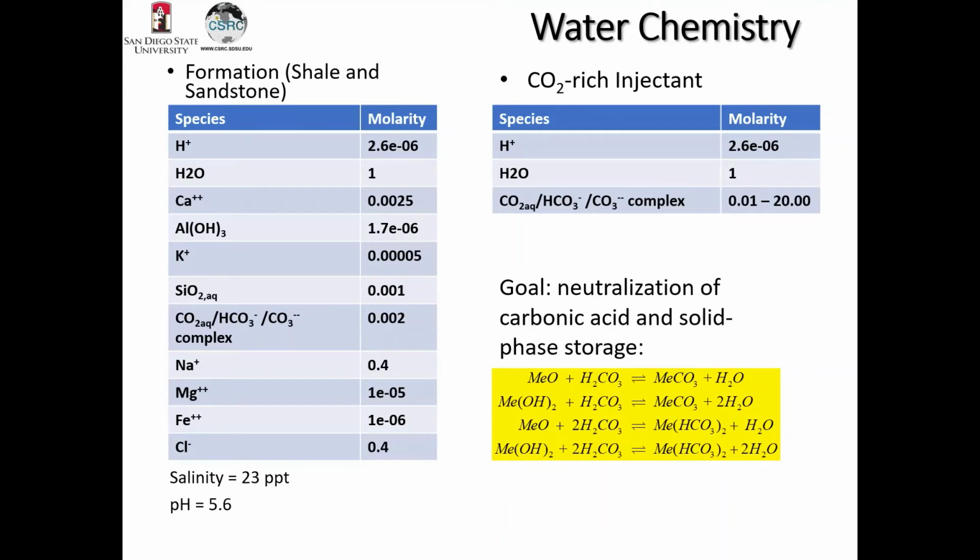And this is the configuration of the CO2 rich injectant water that we're injecting into the formation. Okay, so you can see we vary the molarity of the CO2 to simulate different cases, but it has much greater CO2 than in the formation itself, right? This is a very small molarity. Okay, so that's how we model it.